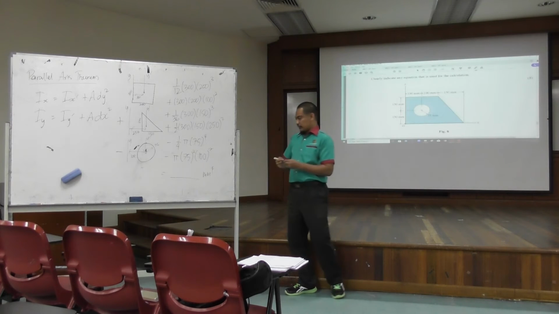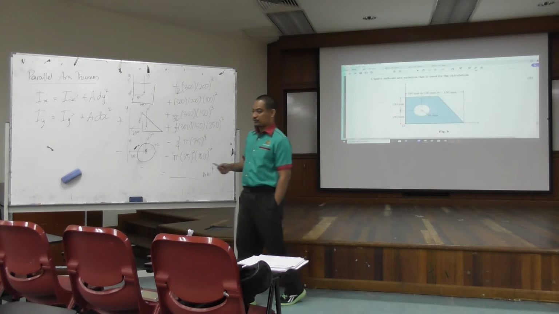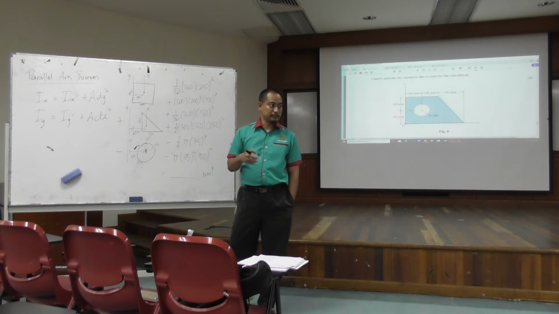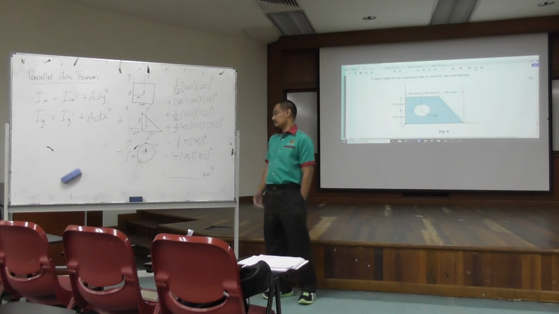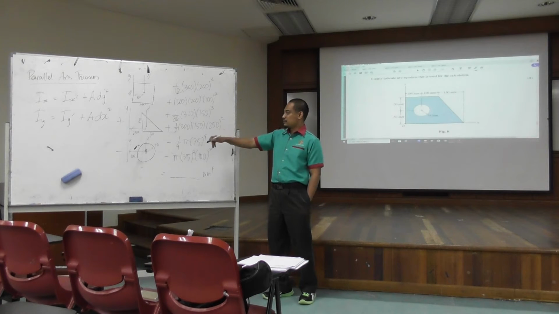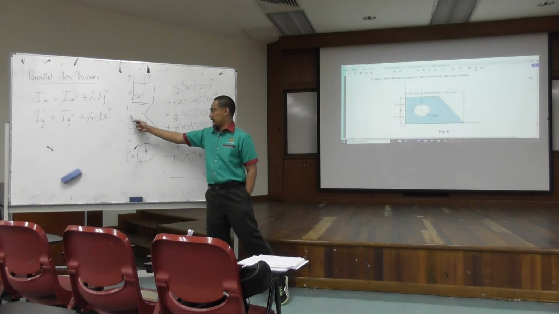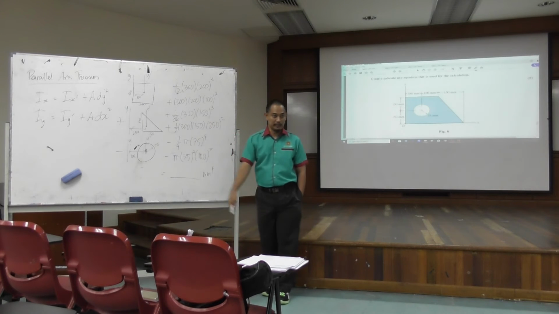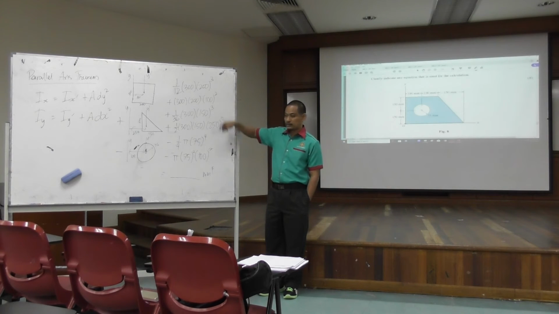So you can see, even the exam question is quite easy for this chapter, because it's straightforward like that. As long as you can relate between the axis and the area, you can just calculate.